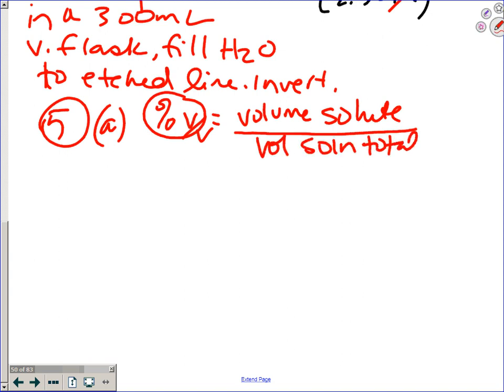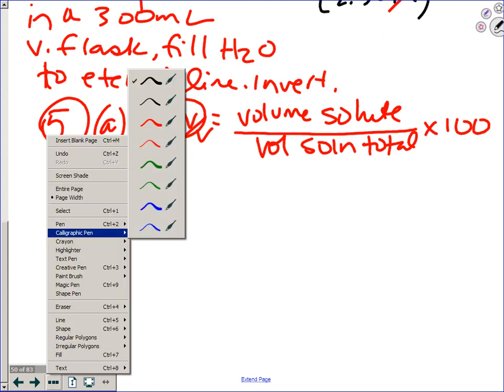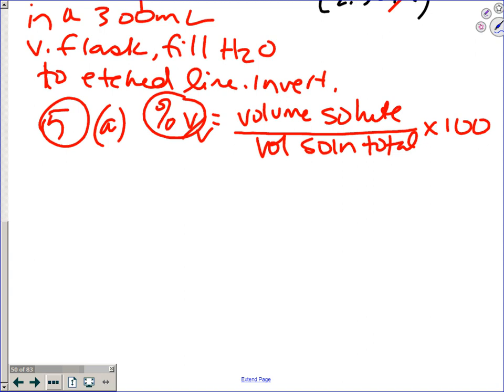Remember, it's got to be the total. So when we're solving this one, it gives us the volume of solute first. Remember, the solute is the smaller amount. The total is going to be the sum of solute and solvent.